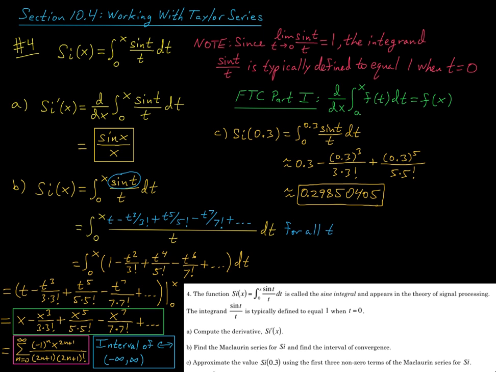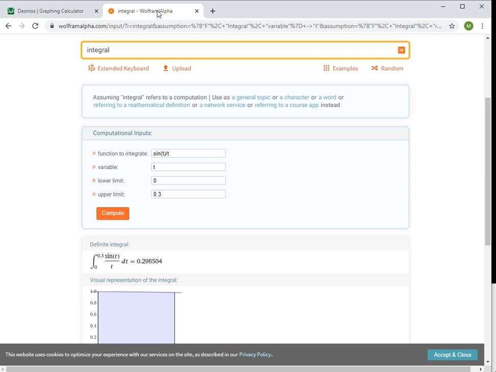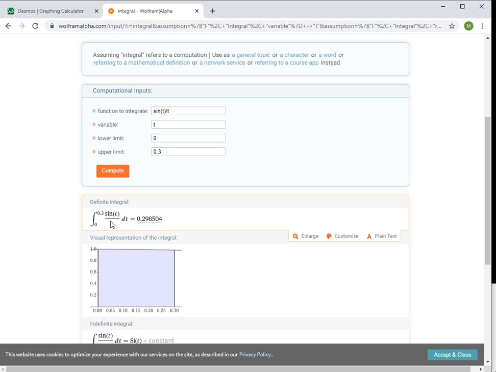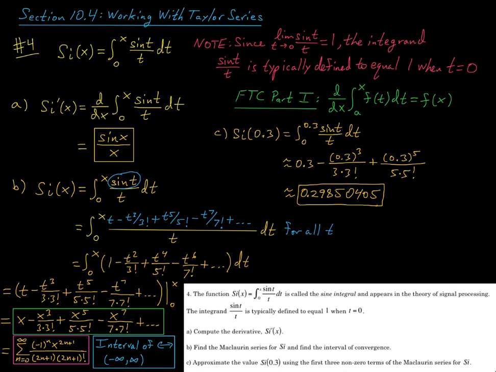Now if you feed that integral to, say, Wolfram Alpha, notice it spits out, for its approximation, 0.298504. So we're doing really, really good, and we're only using the first three non-zero terms of this series.